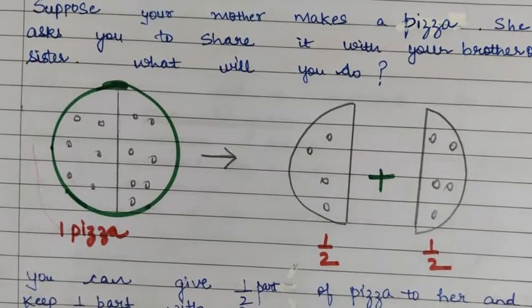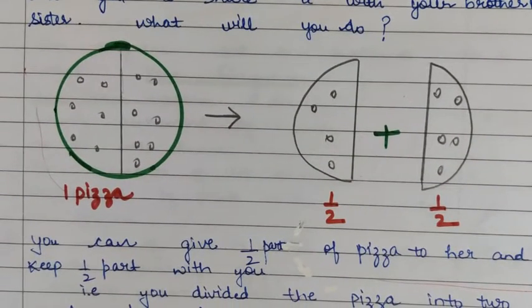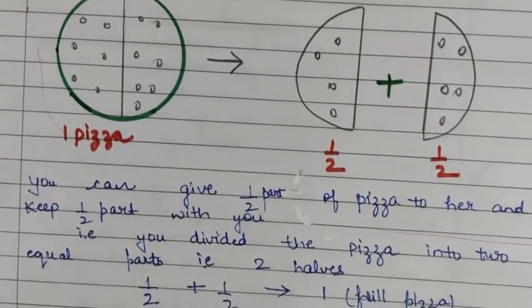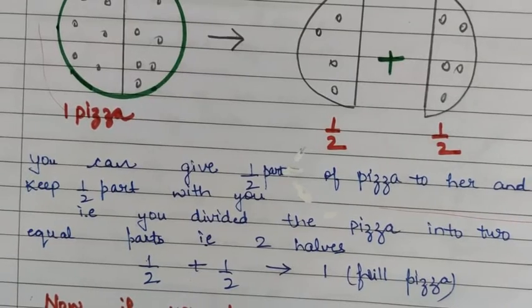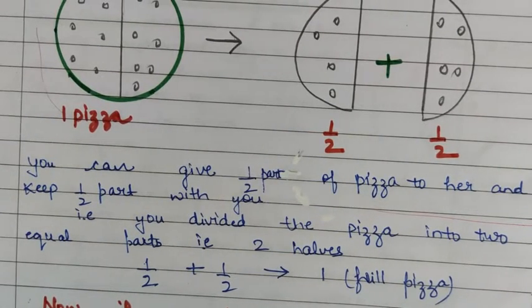So it means now you can give half part of pizza to her and keep one part with you. That is, you have divided the pizza into two equal parts. That is two halves.